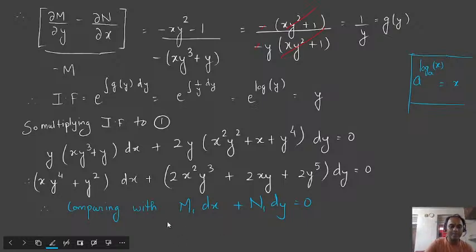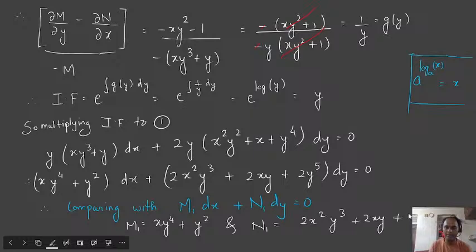M1 becomes x y raised to 4 plus y square, and N1 becomes 2x square y cube plus 2xy plus 2y raised to 5.